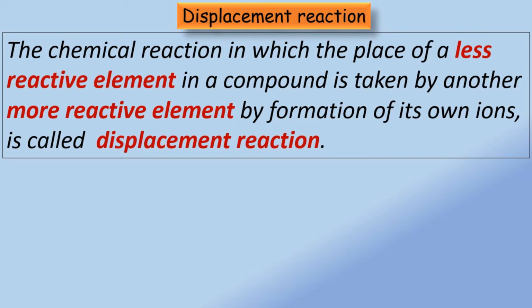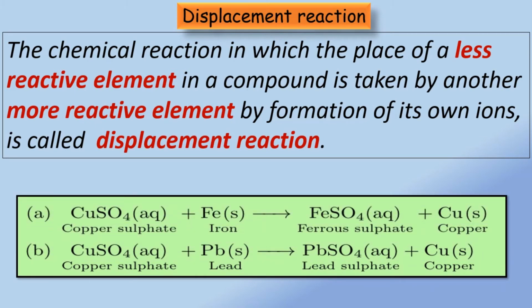Let us see some more displacement reactions. Here in reaction A, copper sulfate reacts with iron to form ferrous sulfate and copper.